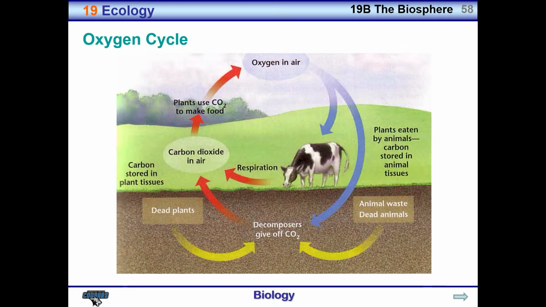Now animal waste will be decomposed in the soil, and that will also give off carbon dioxide. Plants, when they decompose, also give off carbon dioxide. But carbon is stored in plant tissues, which animals eat, and the carbon then is stored in the animal's tissue. So oxygen and carbon dioxide are very closely connected to each other.